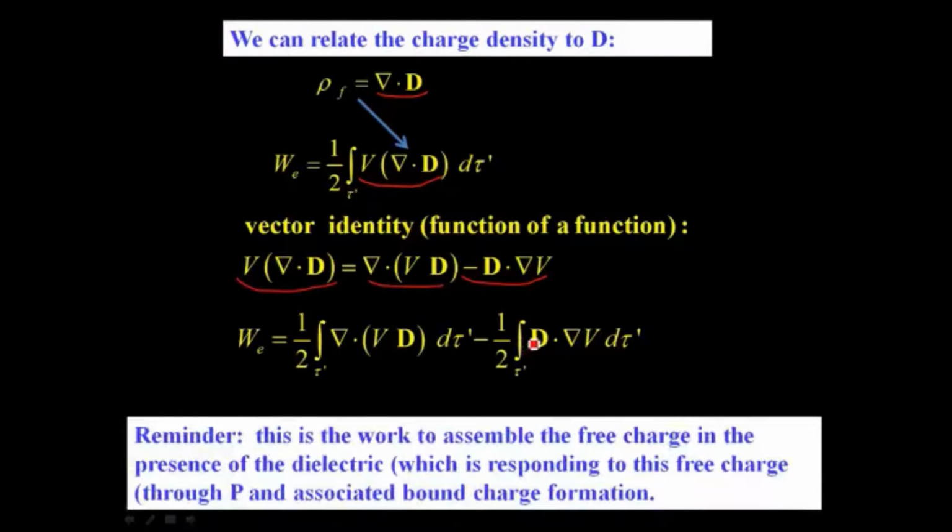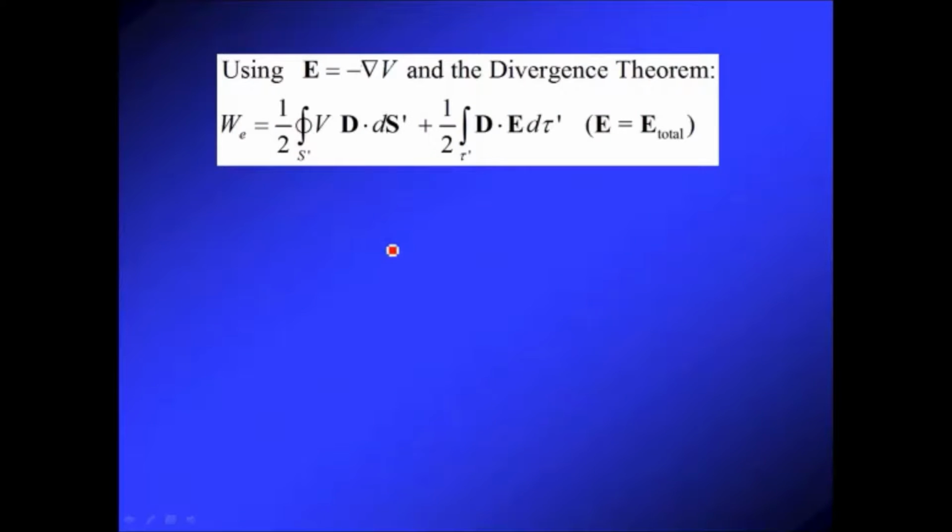I just want to remind you, this is the work to assemble the free charge in the presence of the dielectric. One more time, the dielectric is responding to this free charge through polarizing the dielectric and at the same time the associated formation of bound charge. So now we'll use the relationship between the E field and the potential, and we'll also use the divergence theorem.